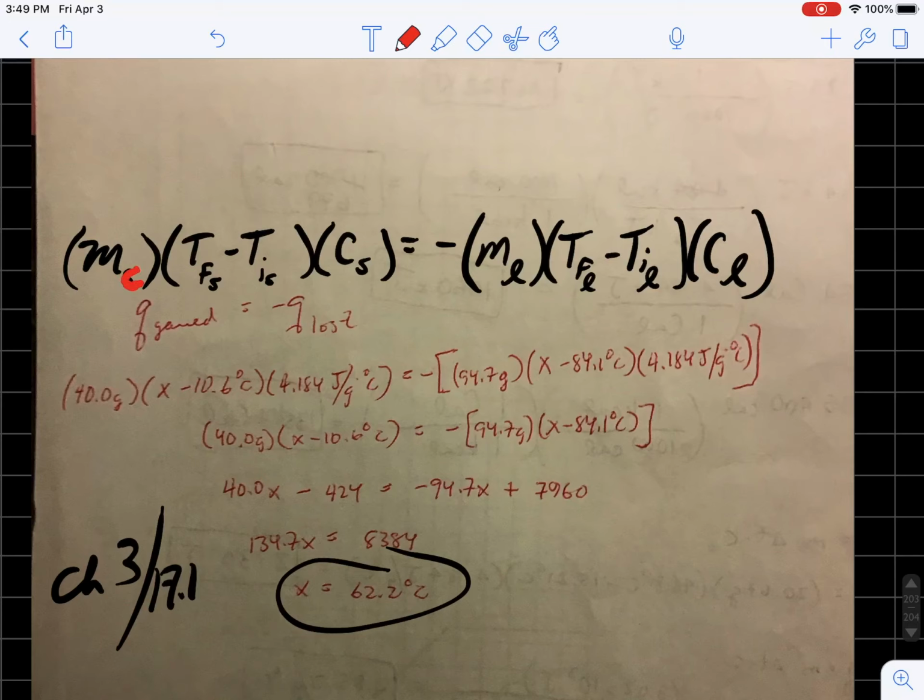Let's change this to all C's. Sorry, the mass of the cold liquid, temperatures of the cold liquid, specific heat of the cold liquid. And then on the other side, we're talking about the hot liquid, so I'll do H for hot. So both sides are just Q equals M delta T C. Set them equal to each other, and then solve for X.